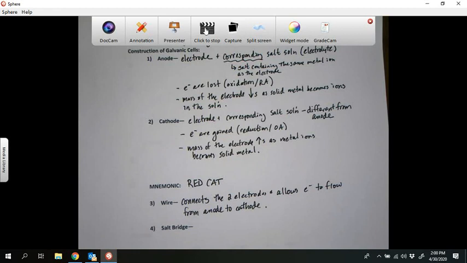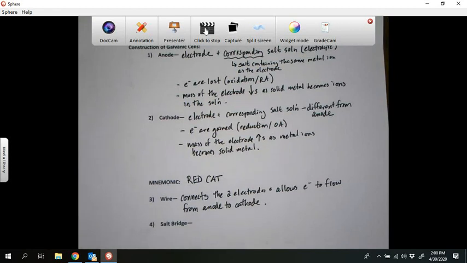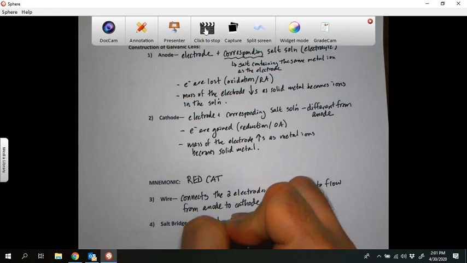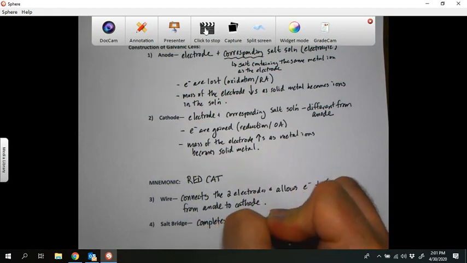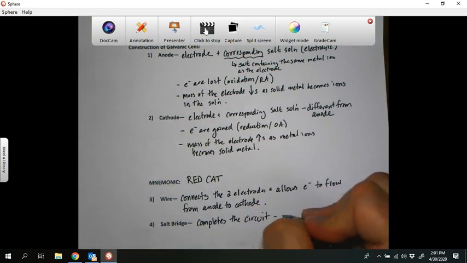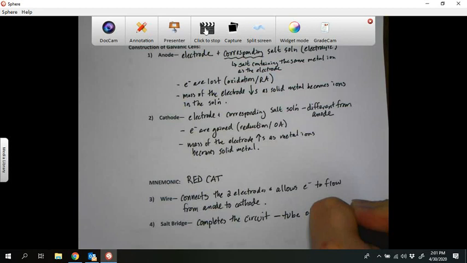But we haven't created a full circuit yet. There has to be something else that connects the two solutions, and that is going to be a salt bridge. And a salt bridge is going to be something that completes the circuit. And it's a tube of salt or like a slurry.